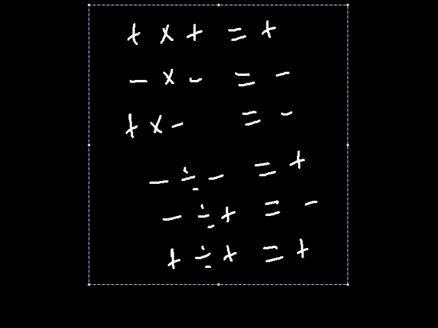Now, how should we add or subtract the numbers in terms of the signs? Before we go further, I want you to understand the number line. A number line is a horizontal line that shows the presentation of the numbers, starting from the origin, going either to positive infinity or negative infinity.